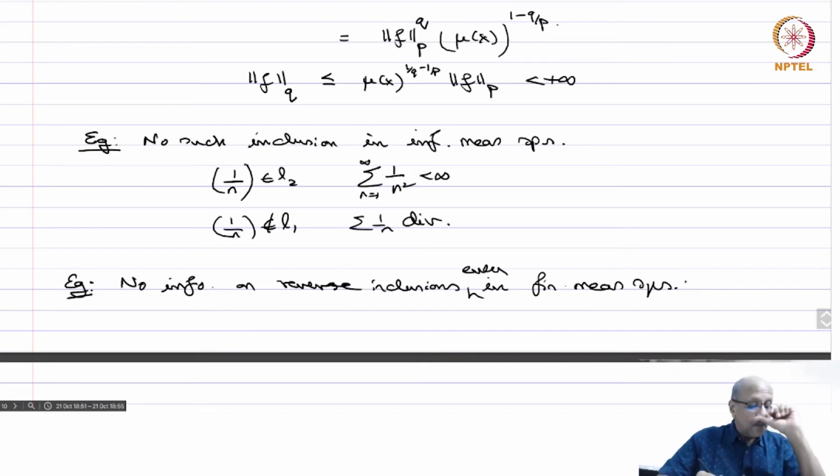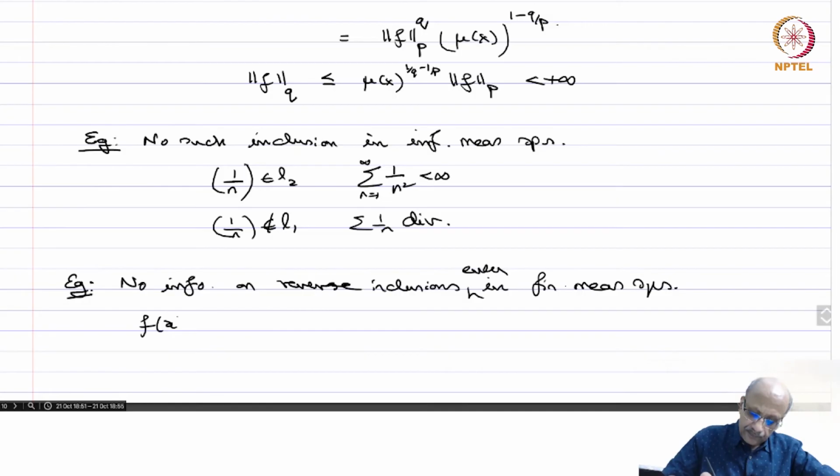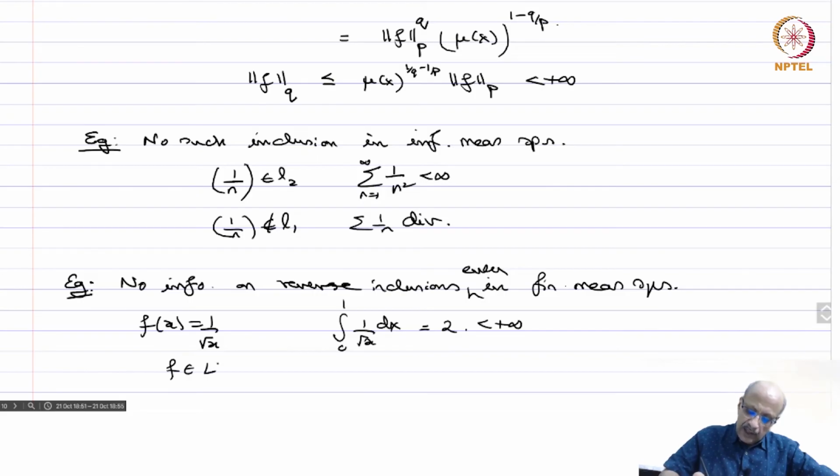So take the function 1 by root x. This is integrable: what is the integral of 0 to 1 of 1 by root x? This is a non-negative function, so I don't have to take the modulus. So this is nothing but 2 root x evaluated from 0 to 1, so this is equal to 2. So this is finite.